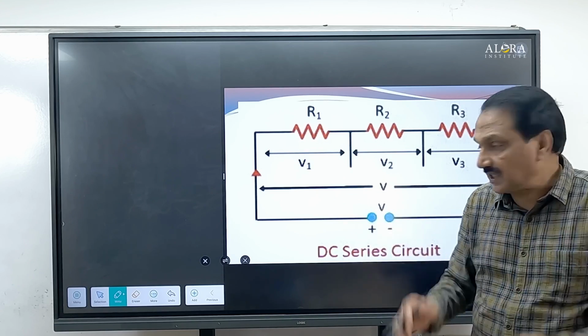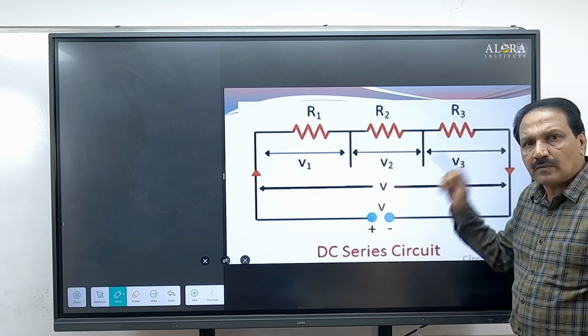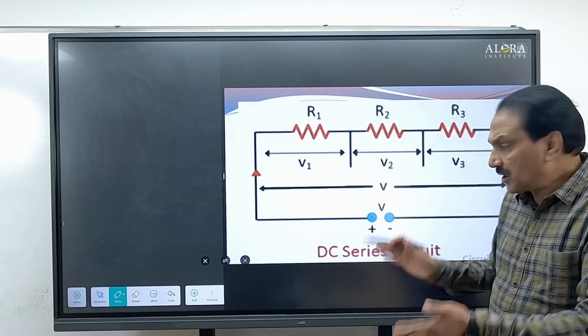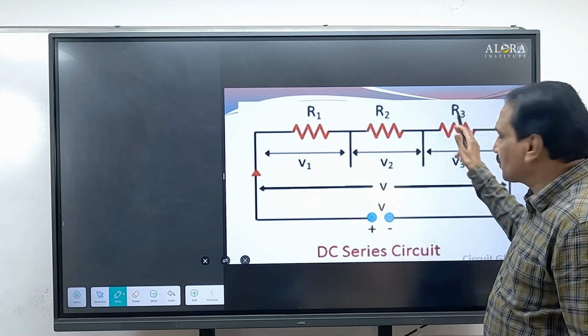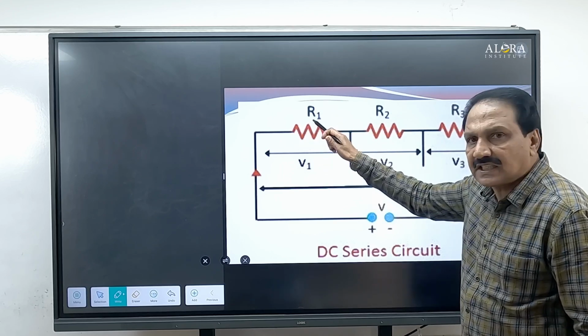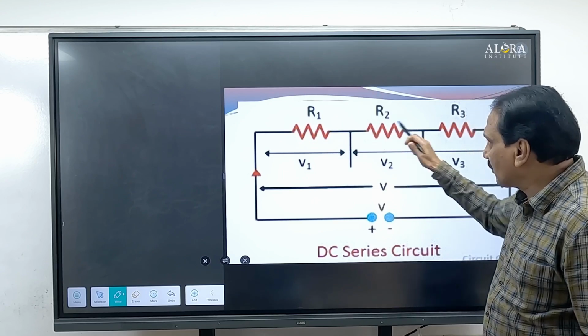But what is different here? The potential difference. This is the energy supplied by the source, called the EMF of the battery. Suppose it is a 12 volt battery, that 12 volts is split into three parts. When the current flows through these resistances, the potential drop takes place depending on the resistance value.